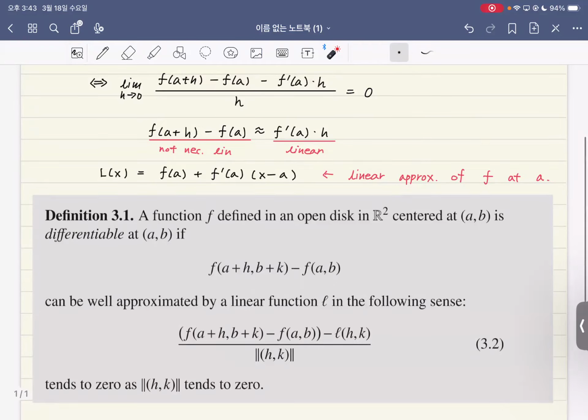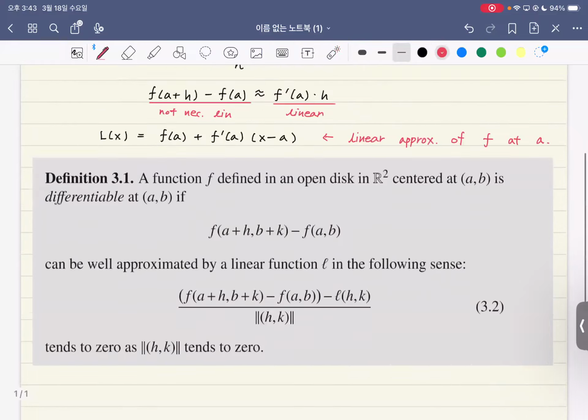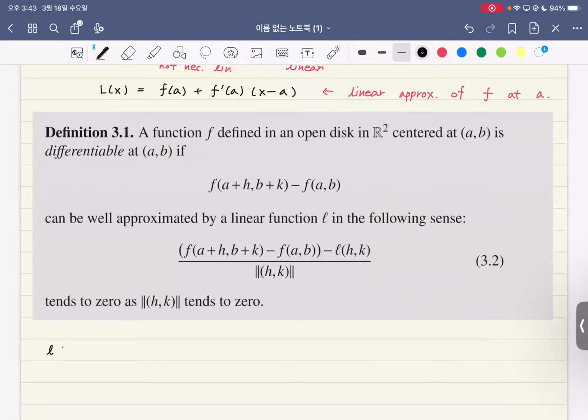So this is the function. I want to say a little bit more about this linear function L, a linear function from R2 to R. And do you remember this? I hope you remember this. Every linear function from R2 to R can be expressed as a dot product with some other two-dimensional vector.